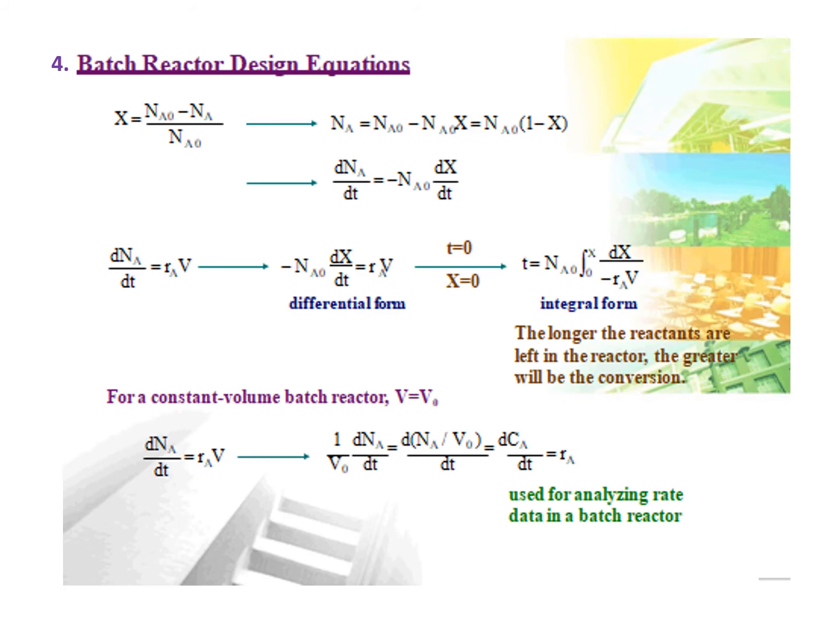In the batch reactor design equation, conversion is the initial moles of A minus the final moles of A, upon the initial moles. After the process, the change in the final number of moles of A is equal to NA0 minus NA.